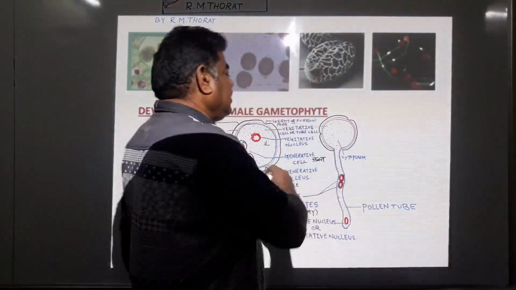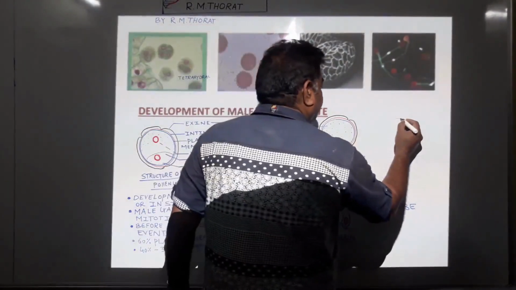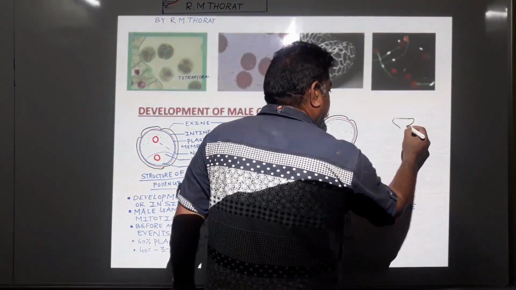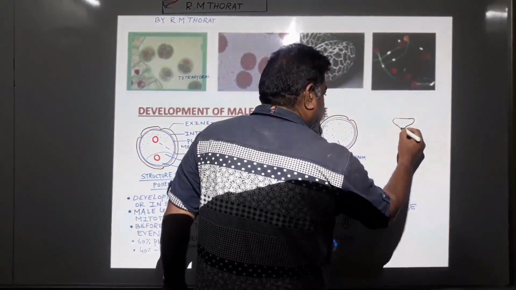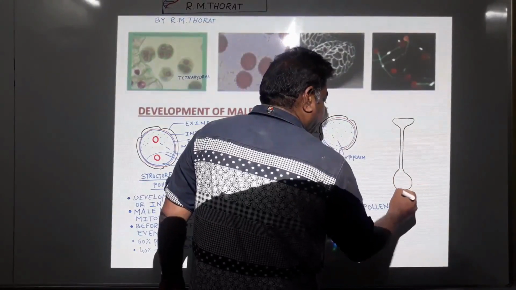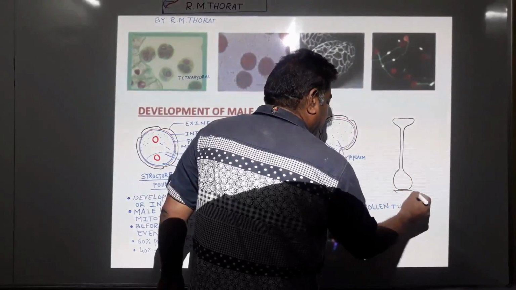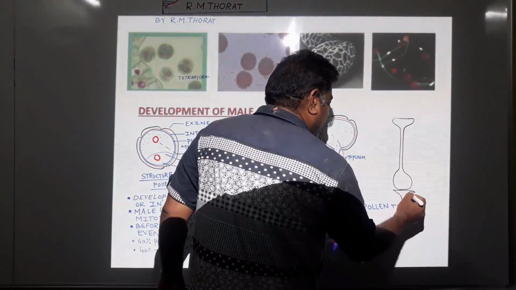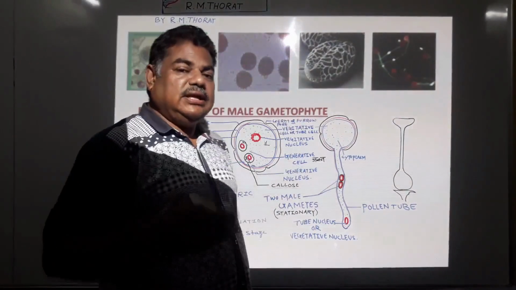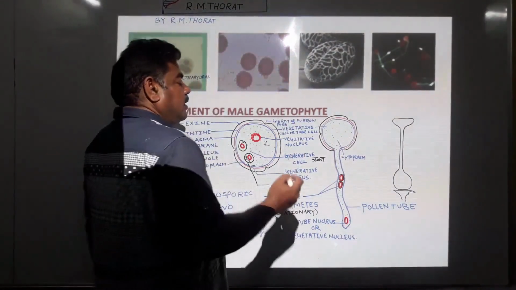Now this pollen grain moves towards the stigma. This one is the stigma, then this is the long style, and this is the bulbous ovary. We will see the details of this gynoecium, ovule, and pollination in the next video.